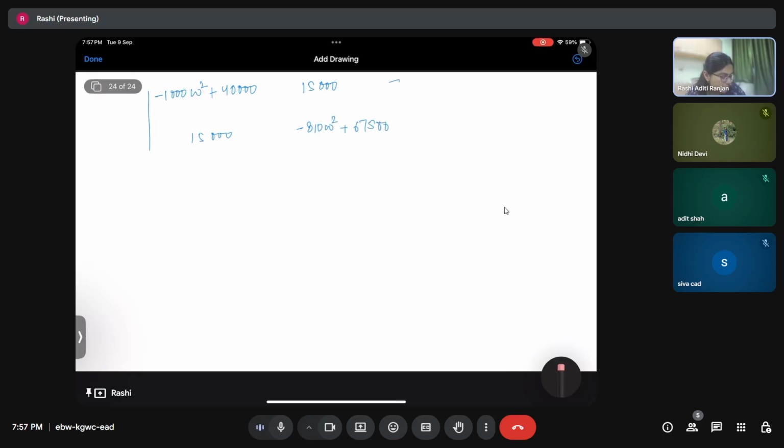Instead of writing it in the matrix form, we just write its determinant should be equal to 0. This will give us (minus 1000 omega square plus 40,000) into (minus 810 omega square plus 67500) minus 15,000 square is equal to 0.